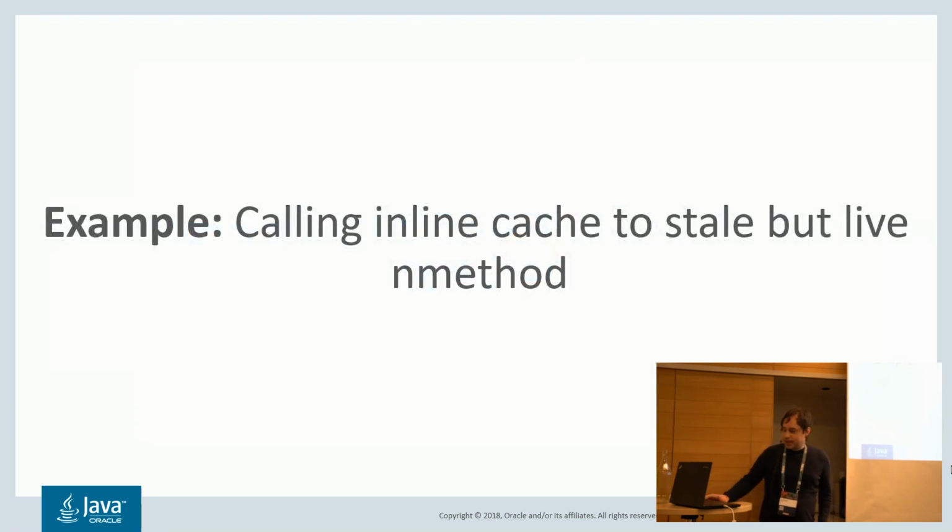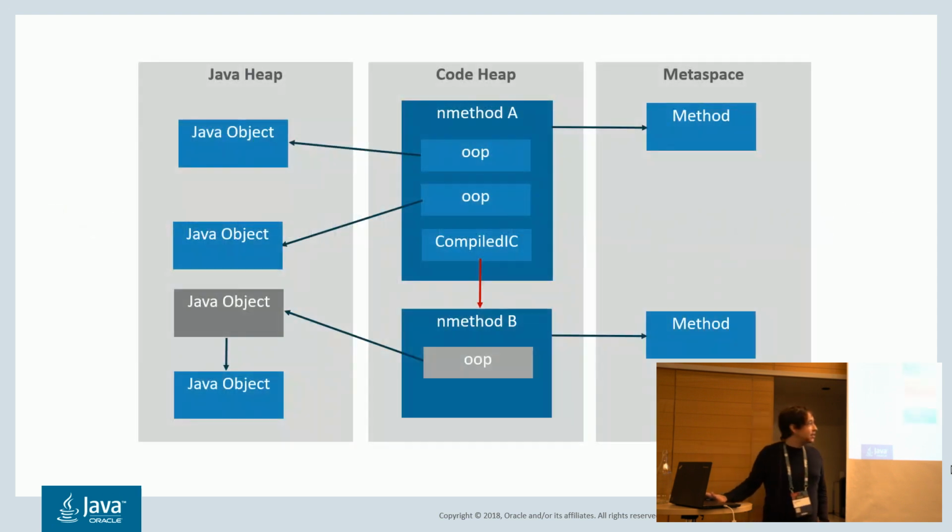Next example is calling into something that isn't dead. So in the similar scenario, we are in native method A, we're calling native method B, and once we enter there, we're calling our little barrier function, and there we walk the oops, and we find that, okay, well, it looks like the object references here are live, but they're a little bit out of sync with reality. So no problem.